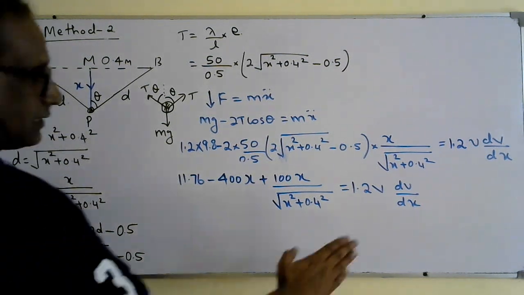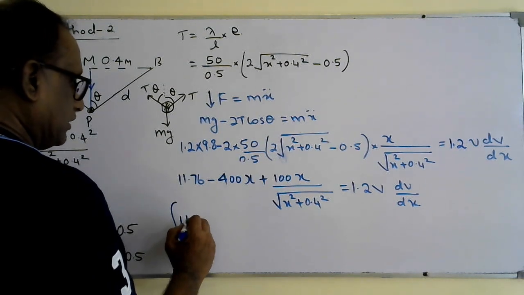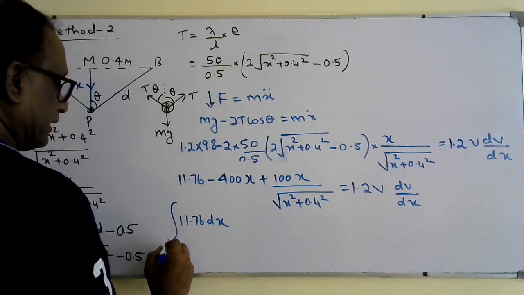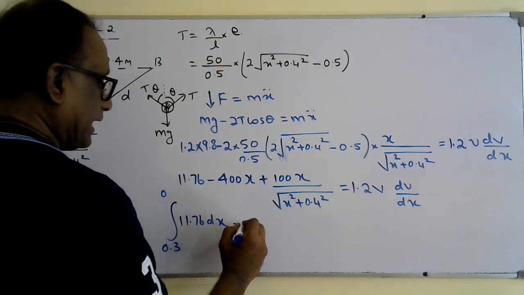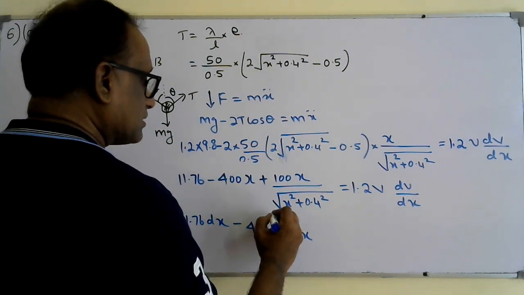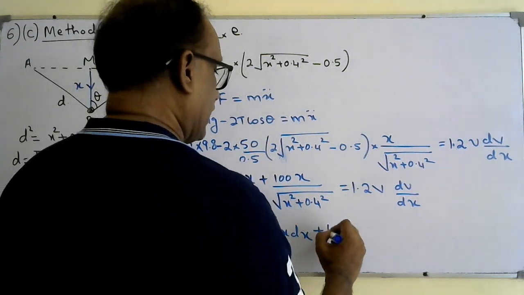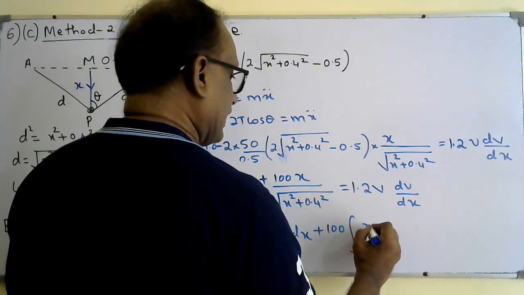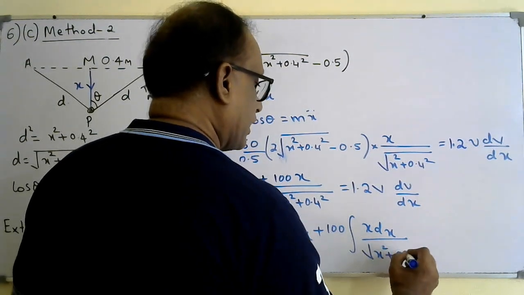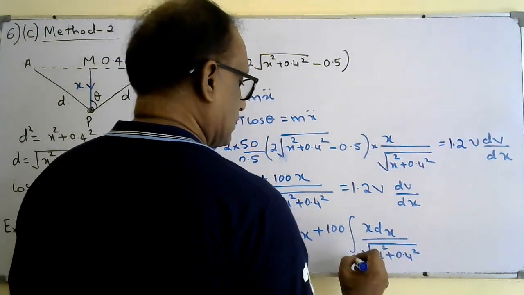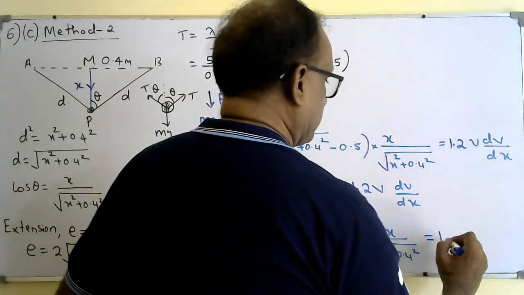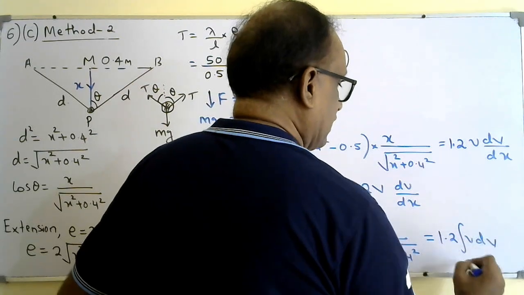Okay, so we'll integrate it. The integral of 11.76 dx, with limits from 0.3 to 0, minus 400 times the integral of x dx from 0.3 to 0, plus 100 times the integral of x dx over the square root of x squared plus 0.4 squared from 0.3 to 0, equals 1.2 times the integral of v dv from 0 to v.